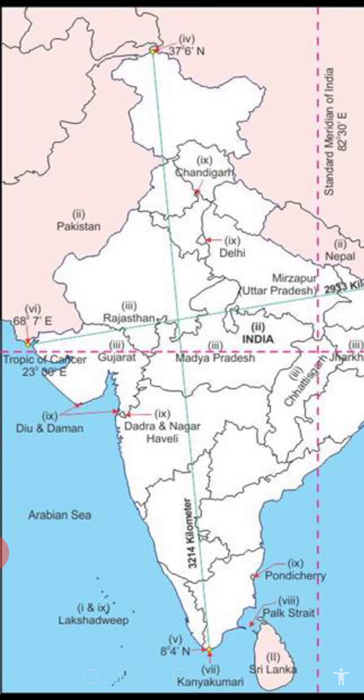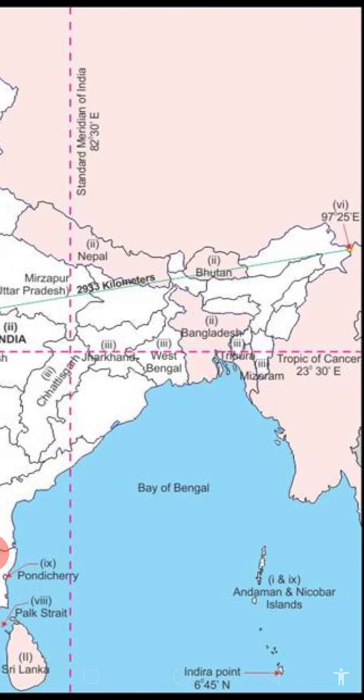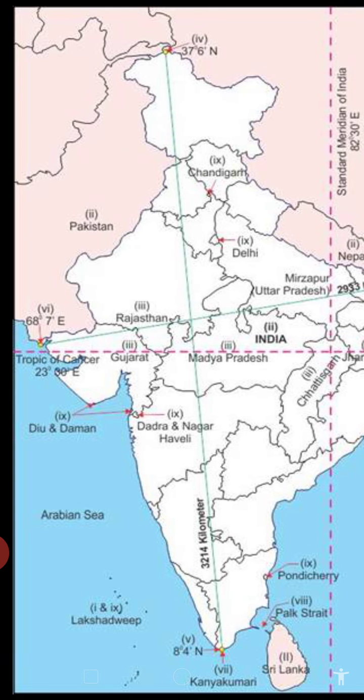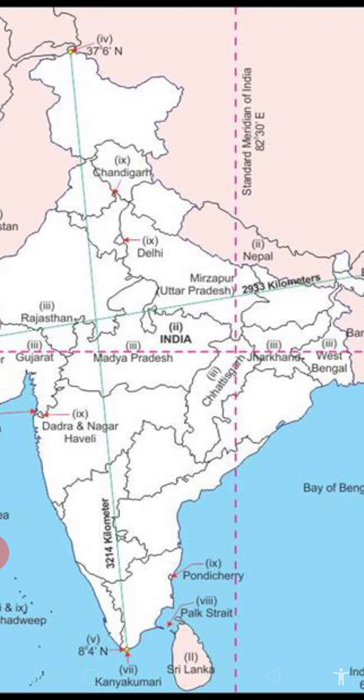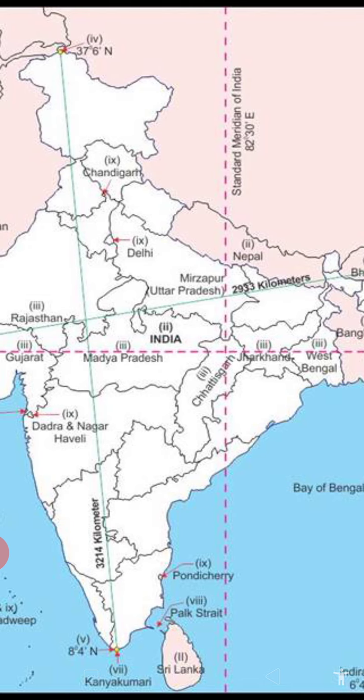So 68.7 degree east here, and the last tip of Arunachal Pradesh is 97.25 degree east. Subtract 68.7 from 97.25 and you will find almost the same difference as in the latitudinal extent. So this is your longitudinal and latitudinal extent.